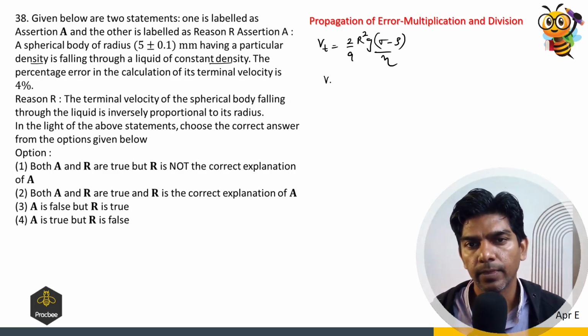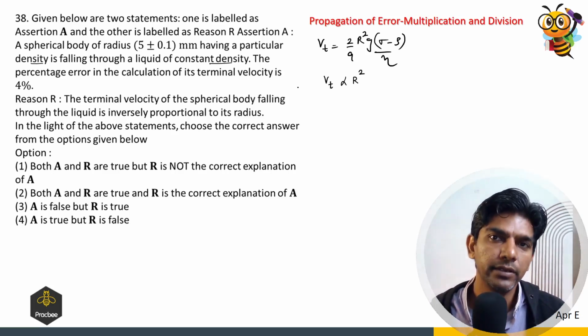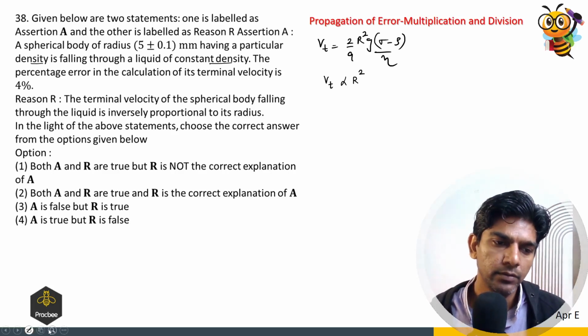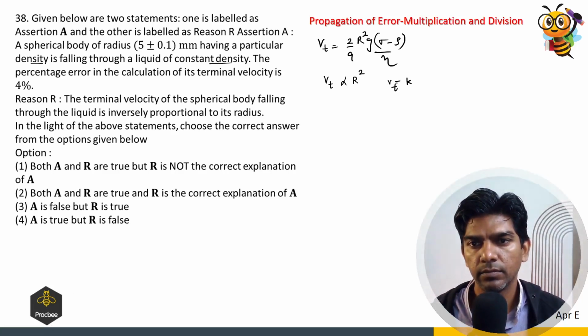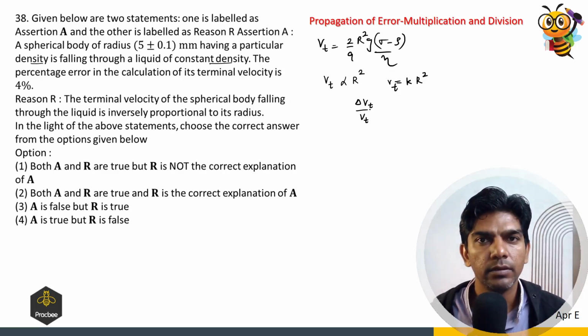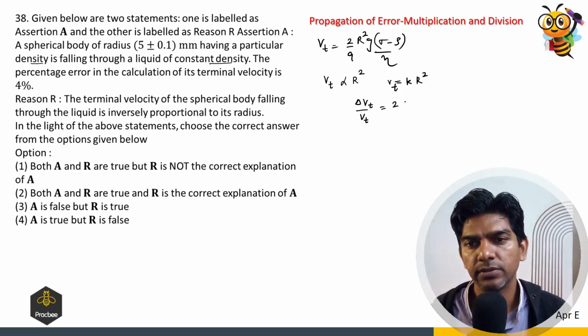So Vt is directly proportional to the square of the radius. Okay, so we can write it as Vt equals some constant K times r square. Now in this particular case, the relative error in terminal velocity will be 2 times the relative error in the radius.